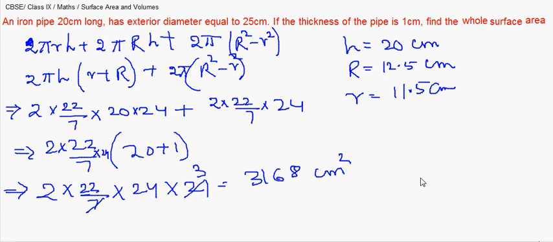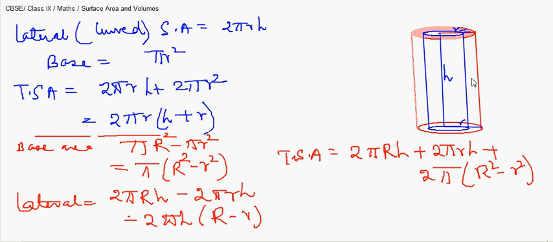Let us now move on to another question. This is a very common question which we come across during the application of the curved surface area of the right circular cylinder. A roller which is 120 centimeter long has a diameter of 84 centimeter.